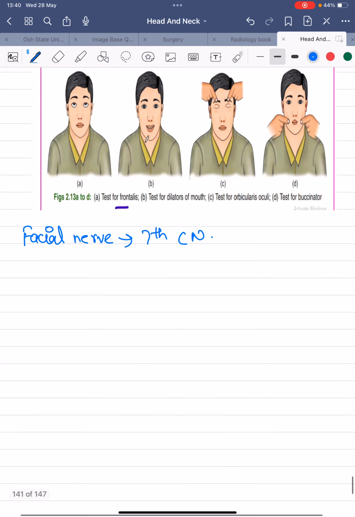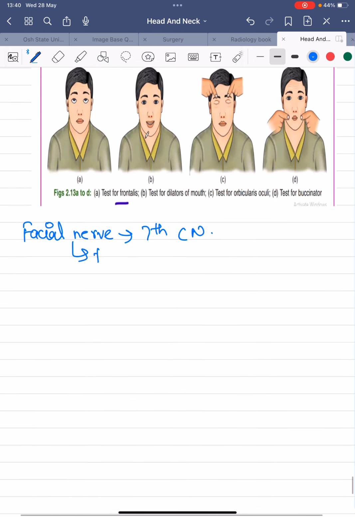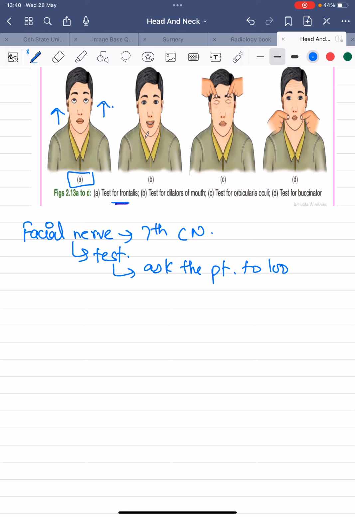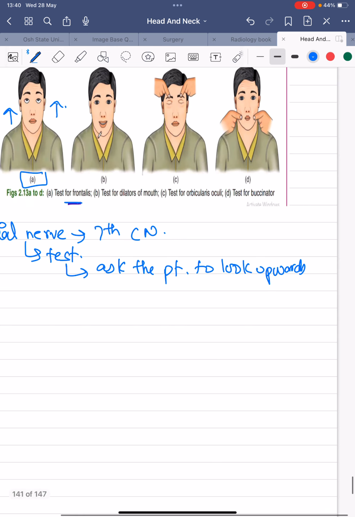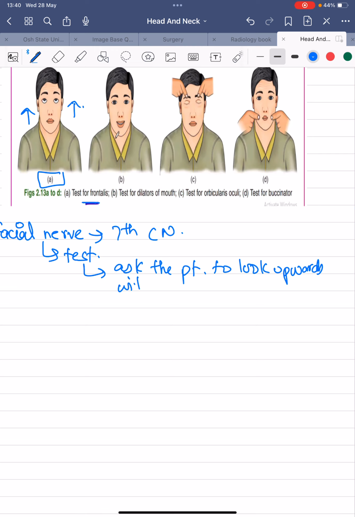If you want to test the frontalis muscle, see diagram A, you ask the patient to look upwards without moving his head.